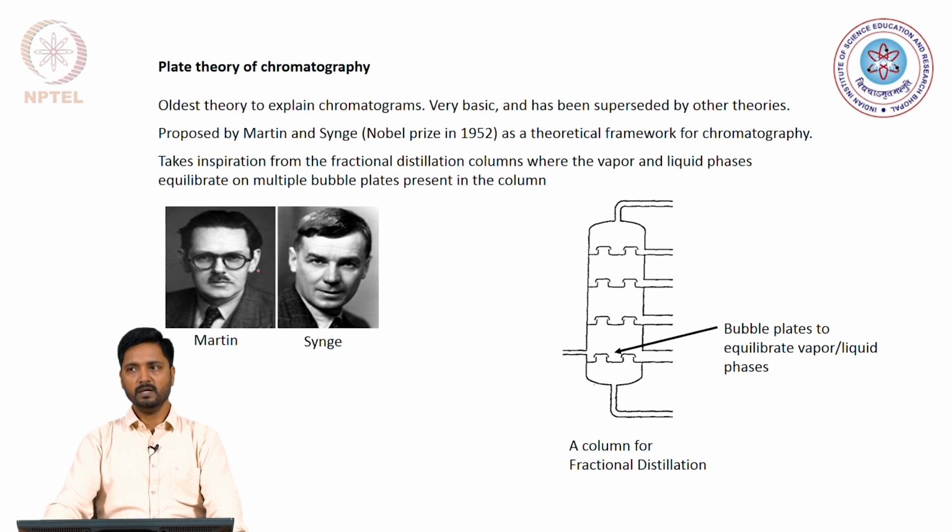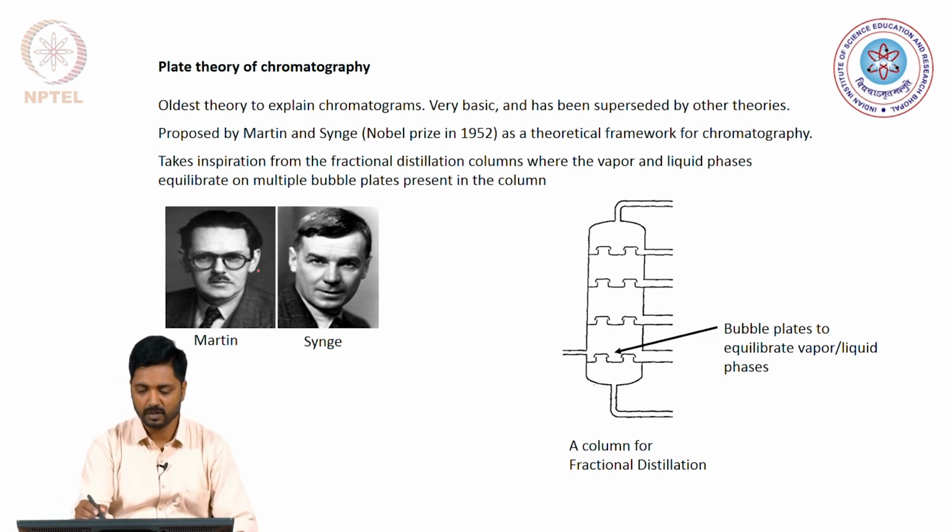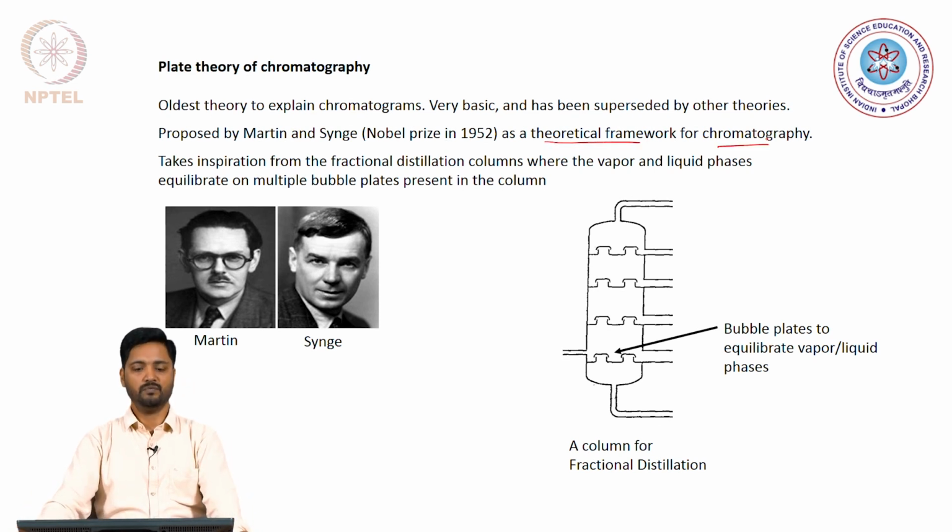So, this theory was proposed by two scientists named Martin and Synge, who were awarded the Nobel Prize in 1952 for their work on chromatography, and they tried to develop a theoretical framework for explaining how chromatography works.